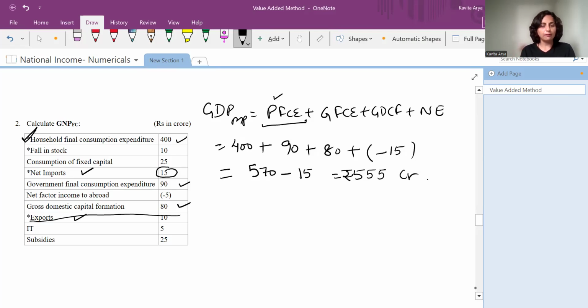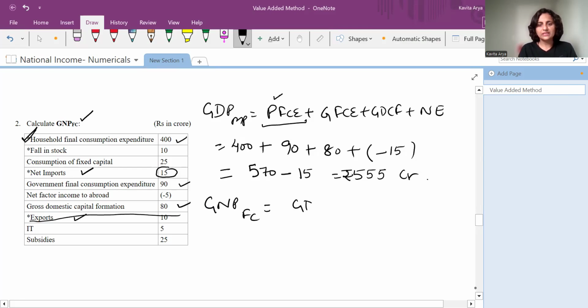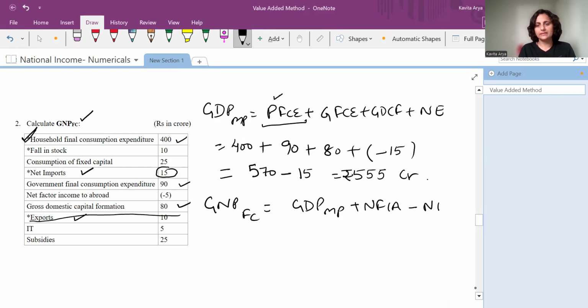But we are halfway so far because we are to find GNP at FC. So GNP at FC will be equal to GDP at MP. Now check. G is the same, domestic, add NFIA minus NIT, and we're done with the final answer.